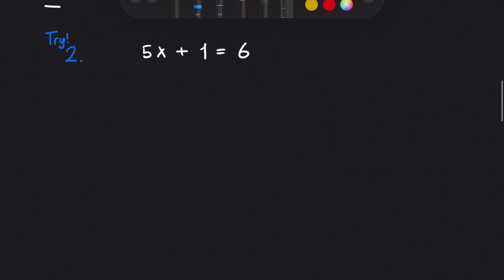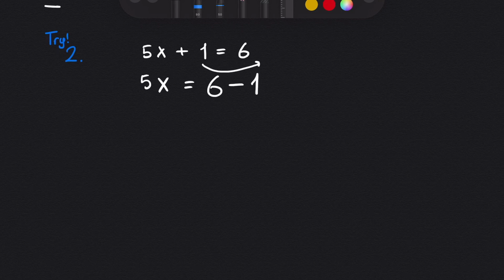Example number 2. Now we're going to do this in a slightly different way, but it's going to be less writing. But before that, pause the video and try this one on your own. Okay, when a number moves from one side to the other side of the equation, the sign changes. So what I want to do is move this plus 1 to the other side. So it's going to be negative 1.